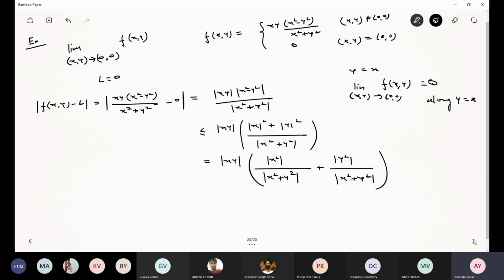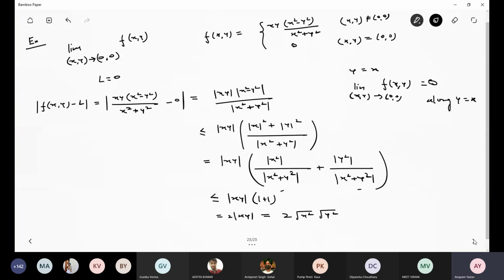If you carefully see, this value is less than 1 and this value is also less than 1. So we can write mod xy times (1 plus 1), which is equal to 2 mod xy. And now we can write this as 2 times under root x square into under root y square.